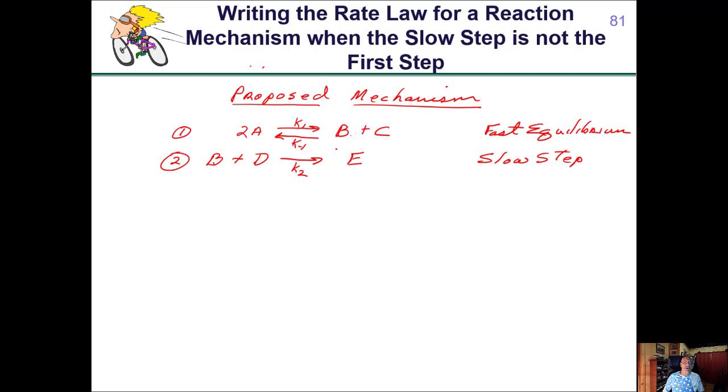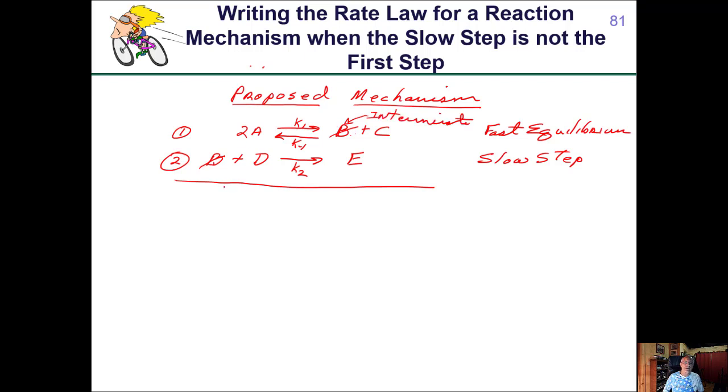So the first thing we want to do is add up the first and second steps. If we're adding them up, we're going to cancel the intermediate. Keep in mind, B is an intermediate.